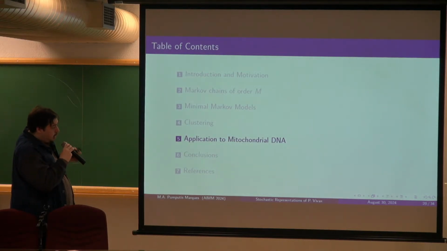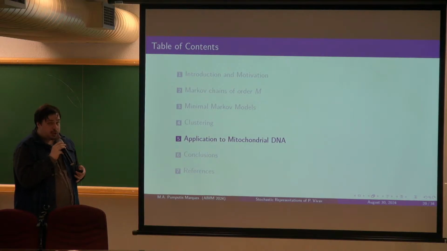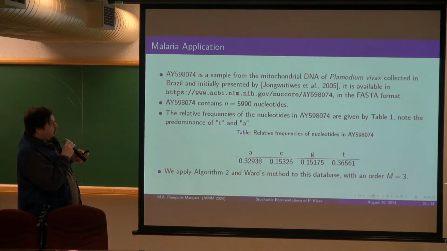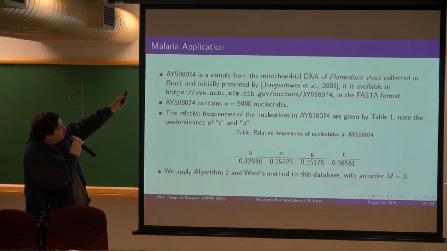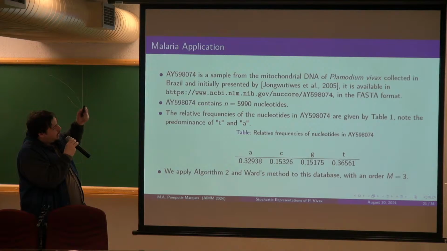Right? So with this, we can go to our application, which is the application to mitochondrial DNA. So we have a sample from mitochondrial DNA of Plasmodium vivax called AY598074. This was collected in Brazil, and it was presented in this 2005 paper.